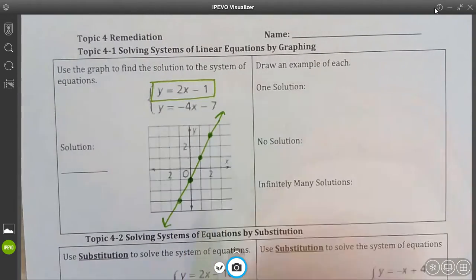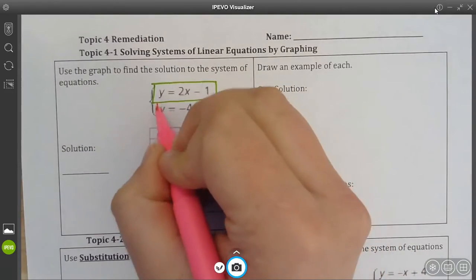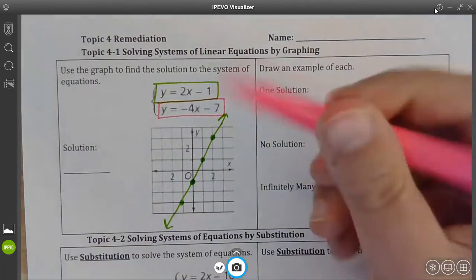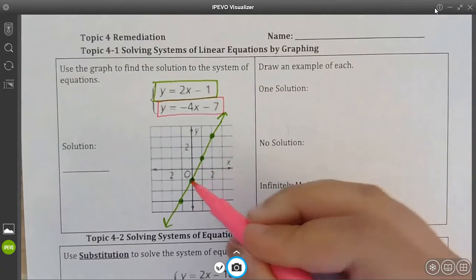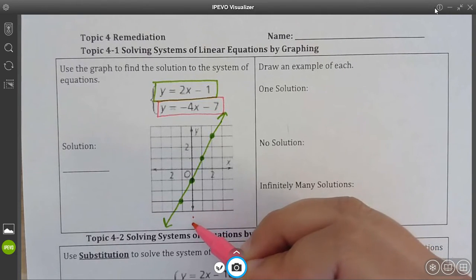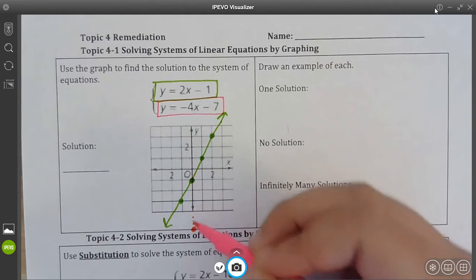This one I have in green is a little bit friendlier to graph than this one right down here. I'm going to box it in pink. My intercept's -7, but if I count down 1, 2, 3, 4, -7's off my graph. So I'm just going to do a little placeholder: 5, 6, 7. This is my y-intercept, but it's kind of off the graph.